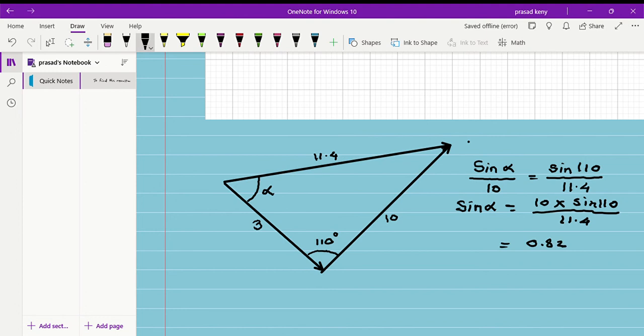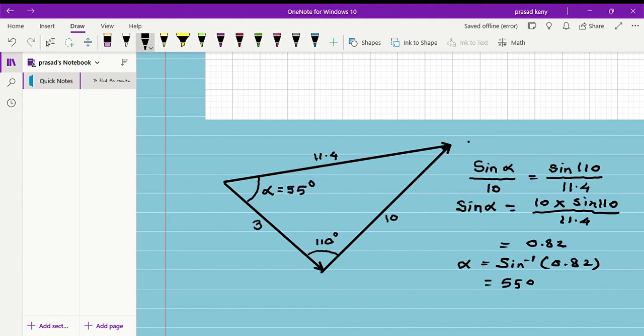Now sine alpha is 0.82, so alpha is sine inverse of 0.82, which is 55 degrees, which means this angle alpha is 55 degrees.